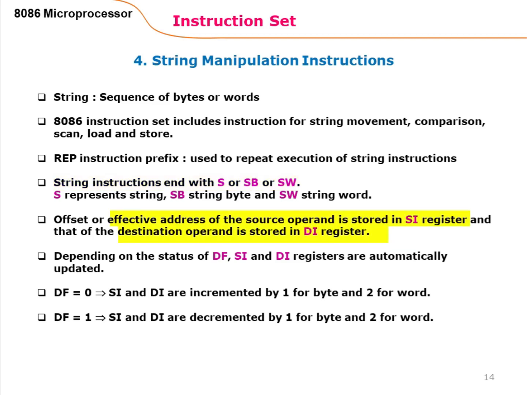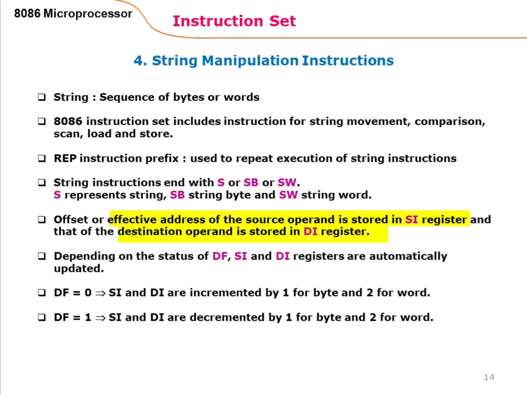The offset and effective addresses of the source operand are stored in the SI register, as we have already discussed, and the destination operand is stored in the DI register. Depending upon the status of the direction flag, the source index and destination index registers are automatically updated.